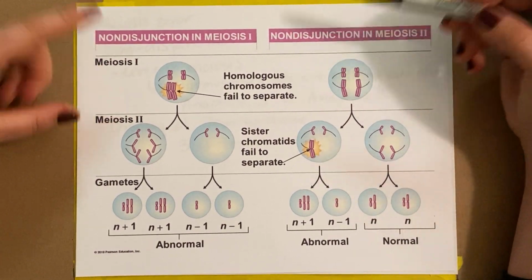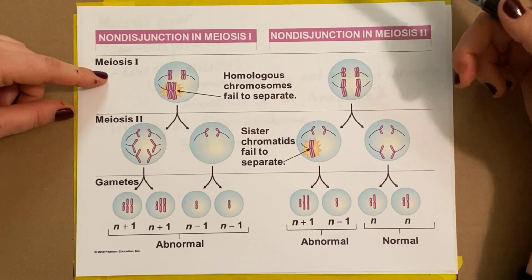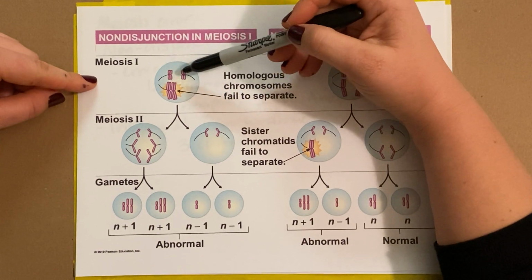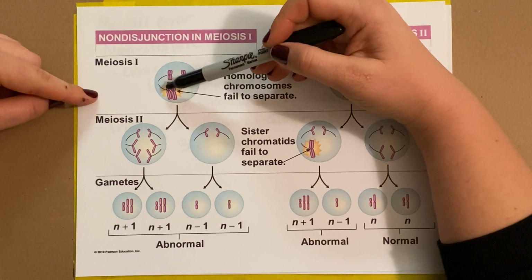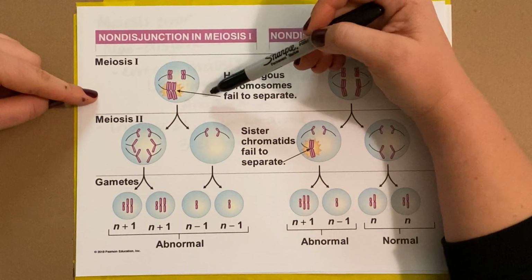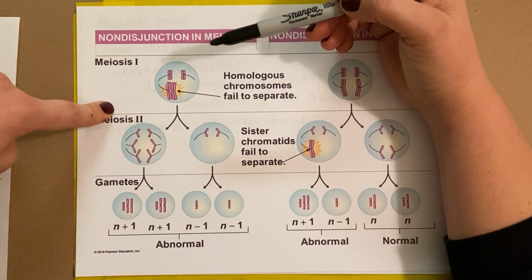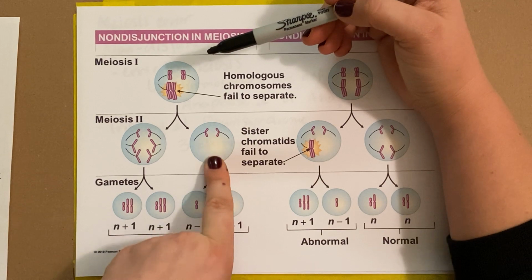There are 2 different types that can happen. You can have one that happens in meiosis 1, and then one that happens in meiosis 2. For meiosis 1, in the first division, 2 of the homologous chromosomes fail to separate. And so all of these large chromosomes are going to go into one of the cells. So over here, you end up having not the correct number.